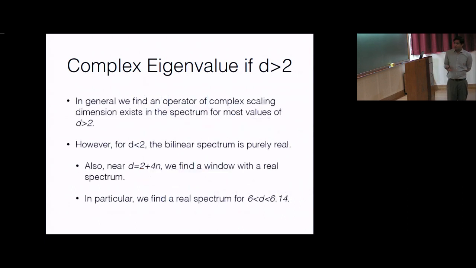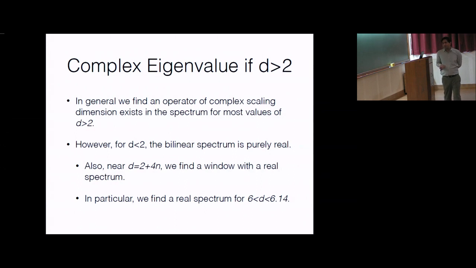You can also search for higher d, and you find in general near d equals 2 plus 4n, there's a window with a real spectrum. Okay, which, for example, near d equals 6, there's a window with a real spectrum. I don't think that there's any physical interpretation to this, but if you're naive, well, originally you might have thought with n cubed degrees of freedom and 5 branes, there's some 60.